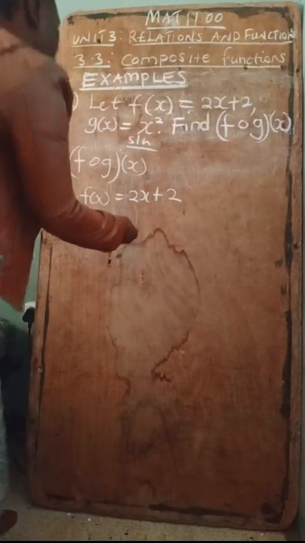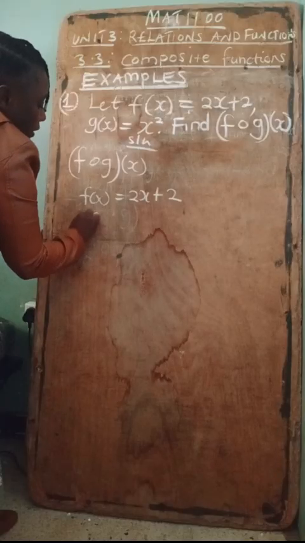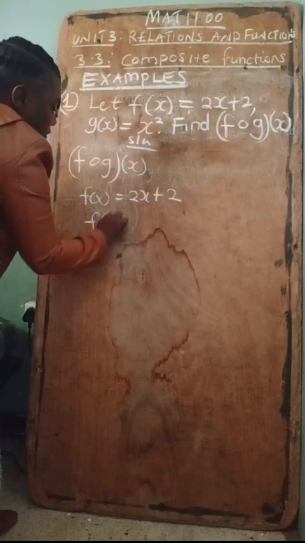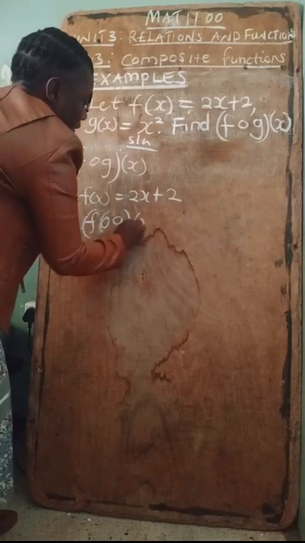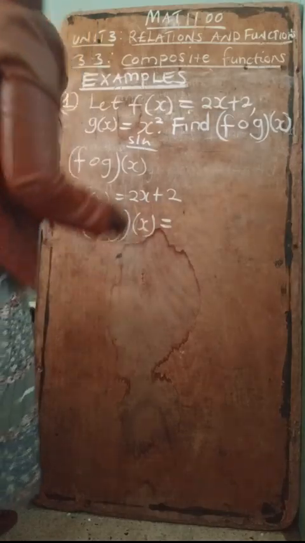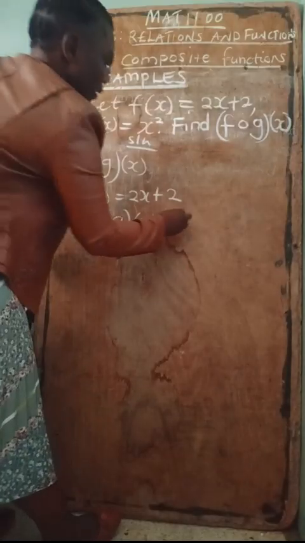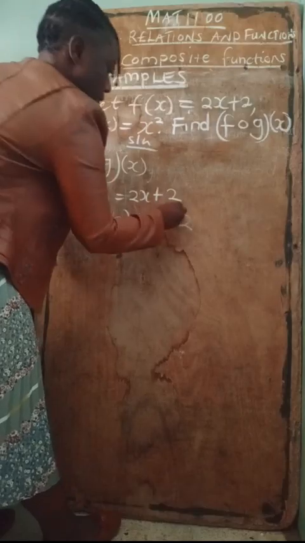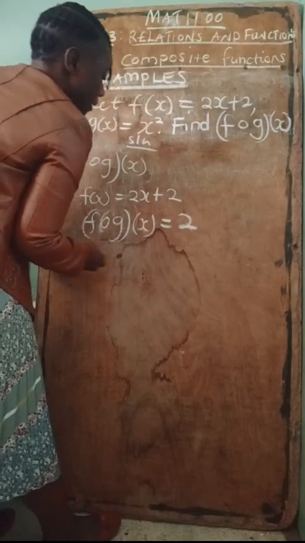So we are going to say therefore f of g of x will give us 2 outside. We are going to have a 2 here.